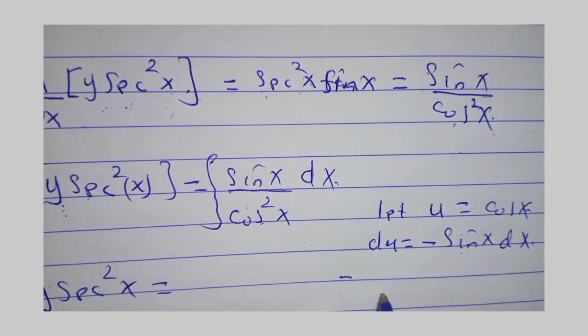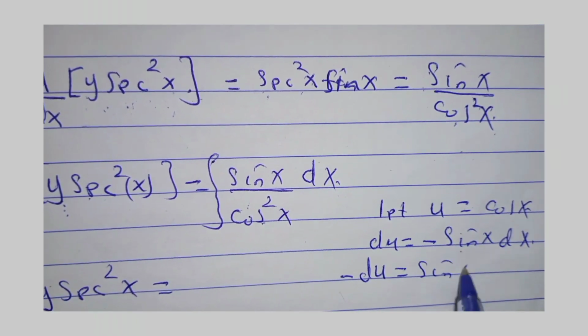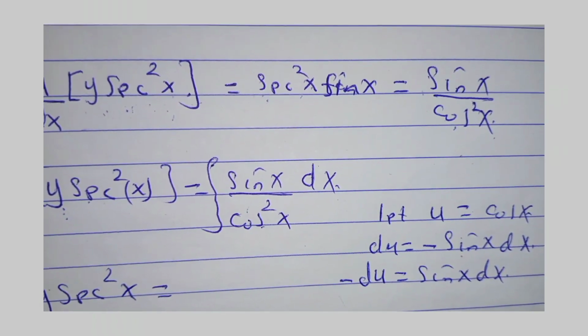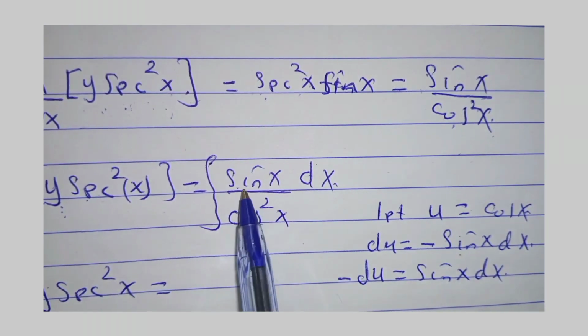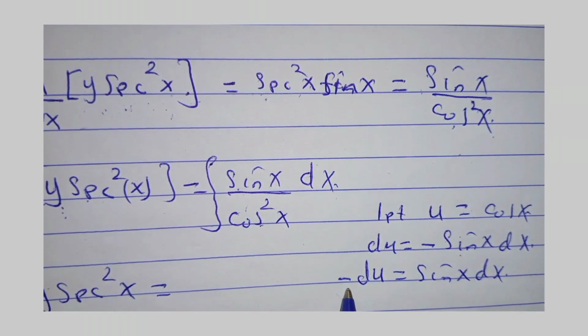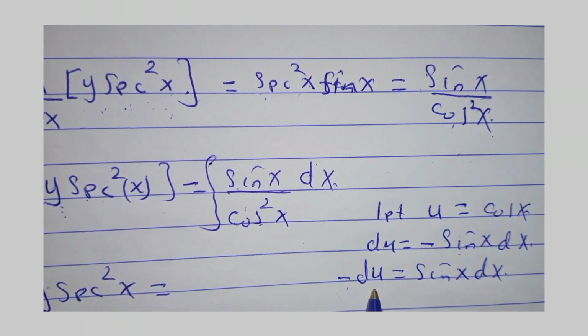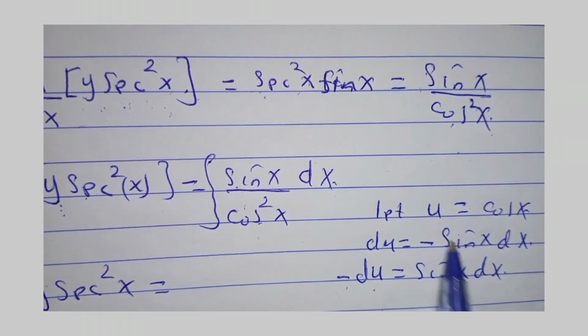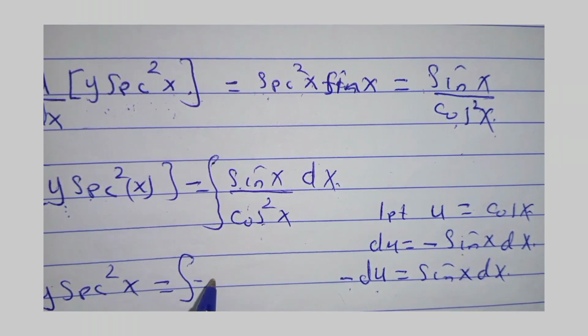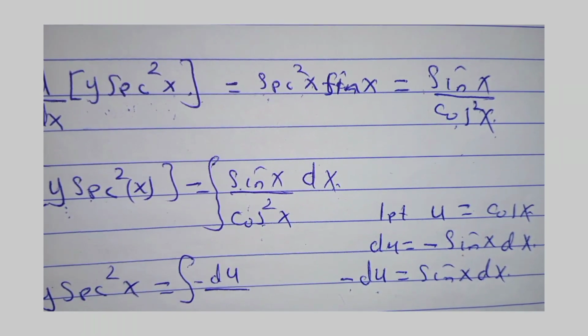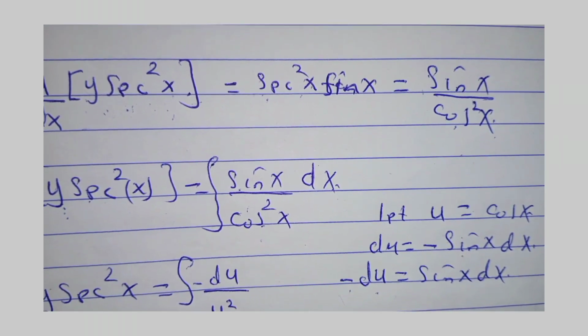You can divide by negative both sides to have negative du is equal to sine of x dx. And now, when you compare this one, sine of x dx, we will substitute it with the negative du, and the denominator with u. So this is equal to integral of negative du divided by u squared.